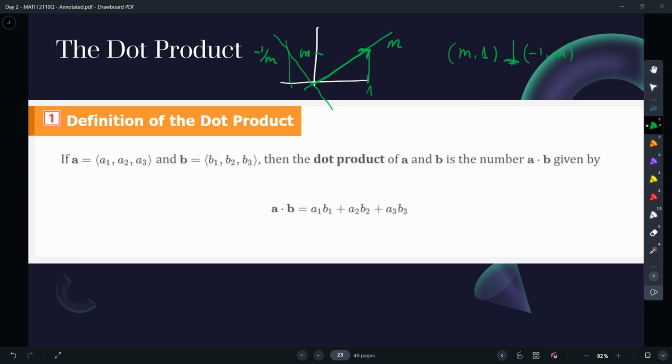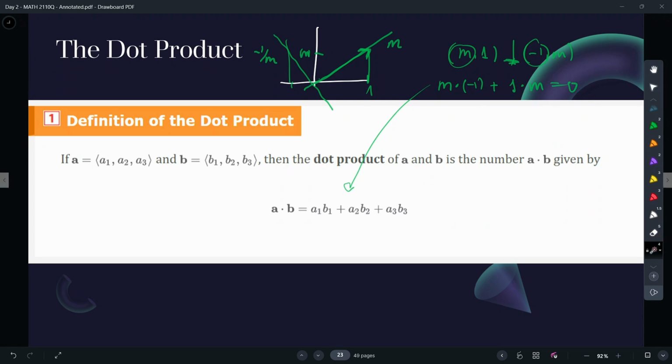And you can see that if I multiply them like it's indicated here, so m times -1 plus 1 times m, I get 0. So it's from that idea, in fact, that the dot product is defined, that is going to tell us this dot product is going to be 0 exactly when two vectors are perpendicular.